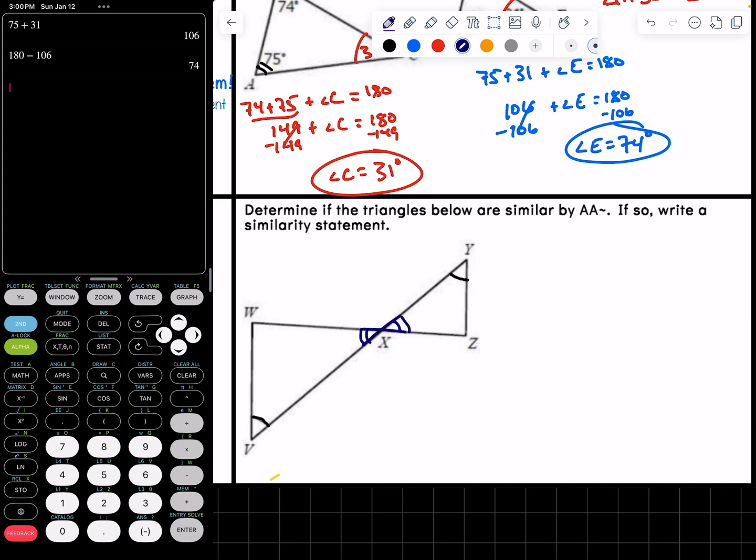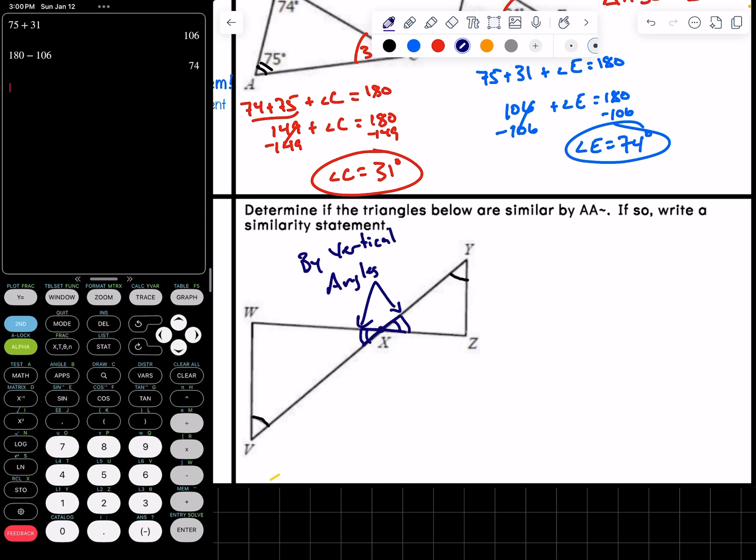They're two angles that only share the vertex at angle X, so they are congruent by the vertical angle theorem.